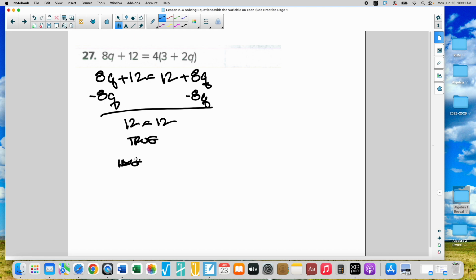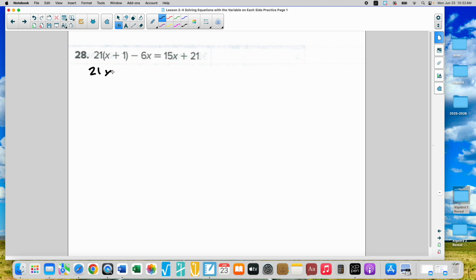So they want you to use identity, which means all real numbers, which means infinitely many solutions, meaning any number I plug in here is going to make the left side equal to the right side. That's what all that means. So I can pick any number, plug in 1, it'll work, plug in 2, it'll work. The left side will always be equal to the right side. It'll be a solution.